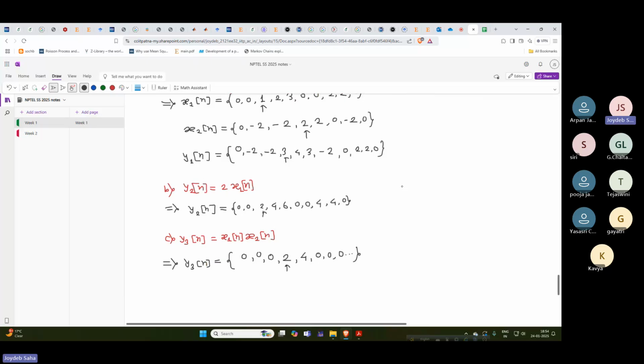Now we can plot also. If you want to plot y1, y2 and y3, you can plot. How will it look?